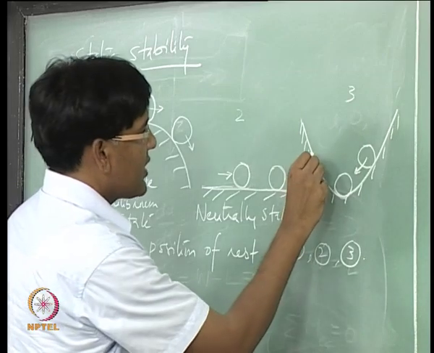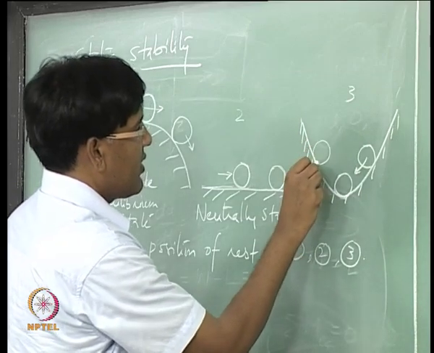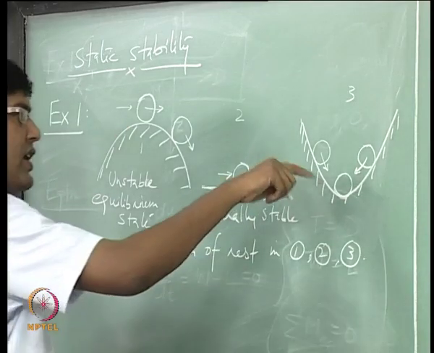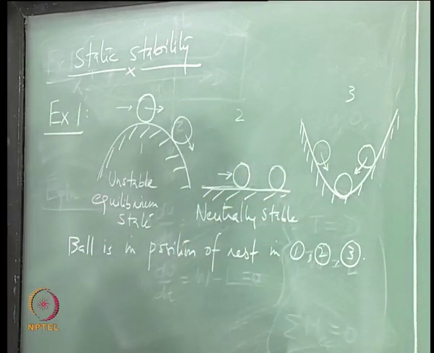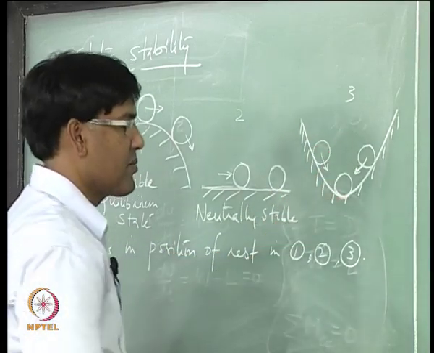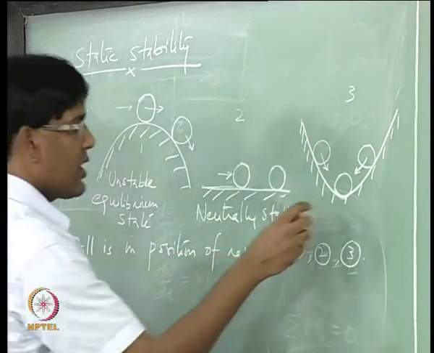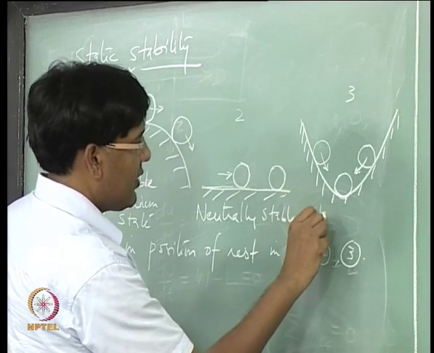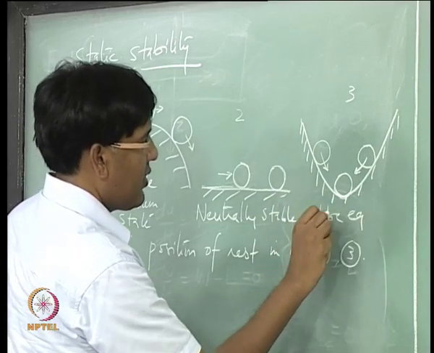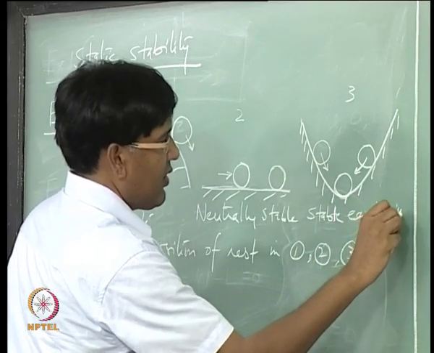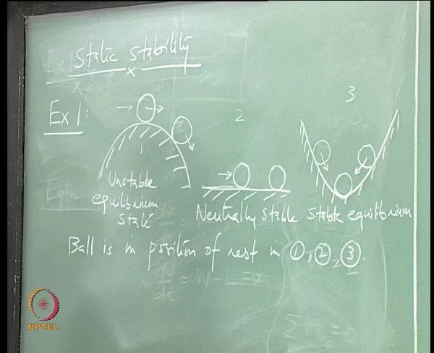Similar thing will happen on the other side. So, what is happening in this case is, the ball is trying to come back to this equilibrium position. So, this equilibrium position is a stable equilibrium.